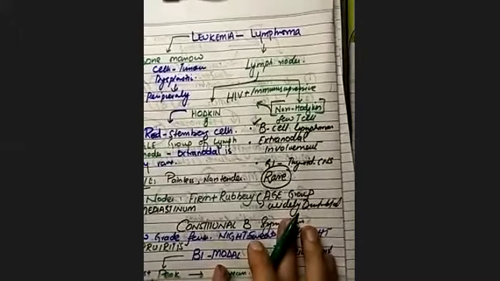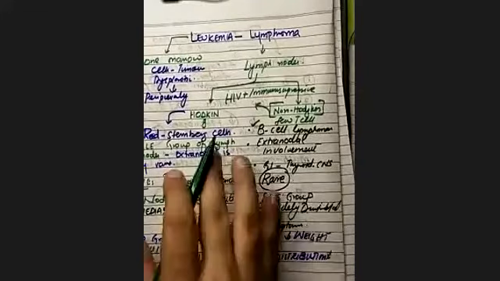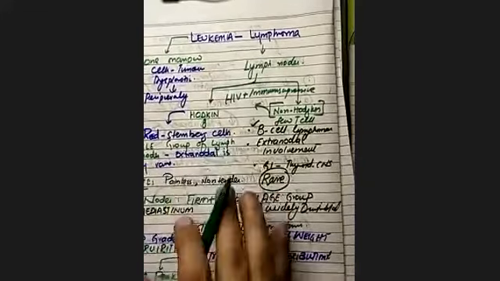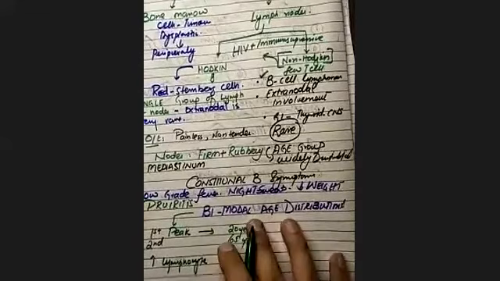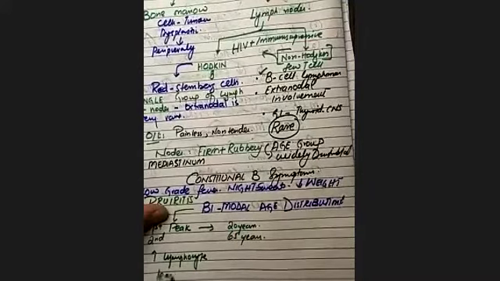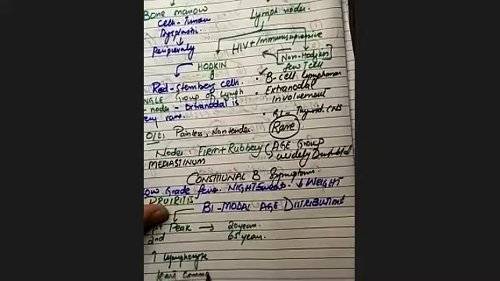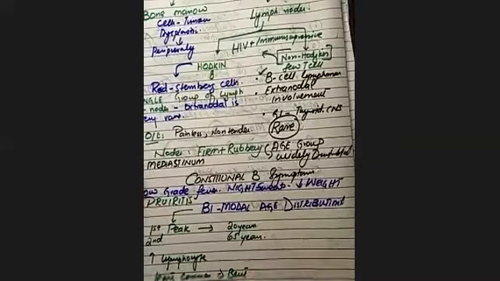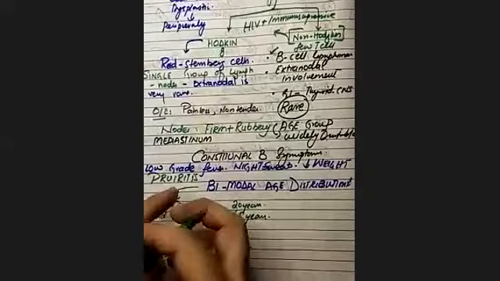Okay, so Hodgkin lymphomas are lymphocyte dominant, so they have increased lymphocytic activity. The least common has the best prognosis.